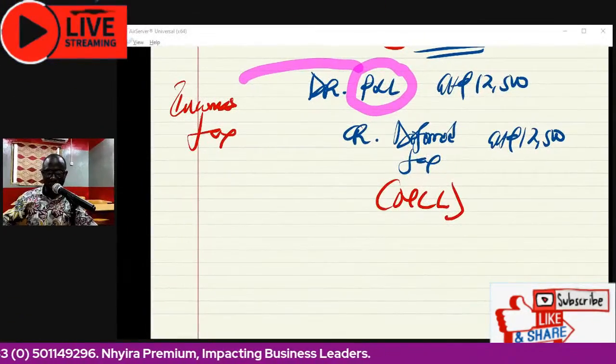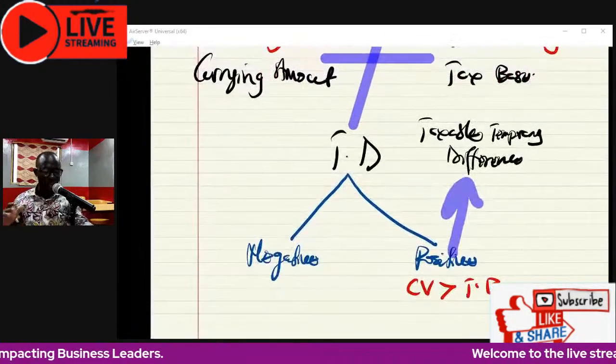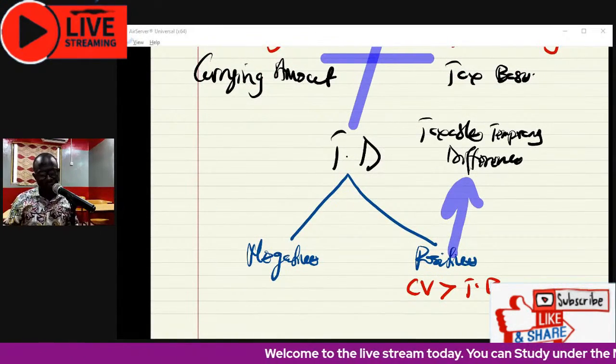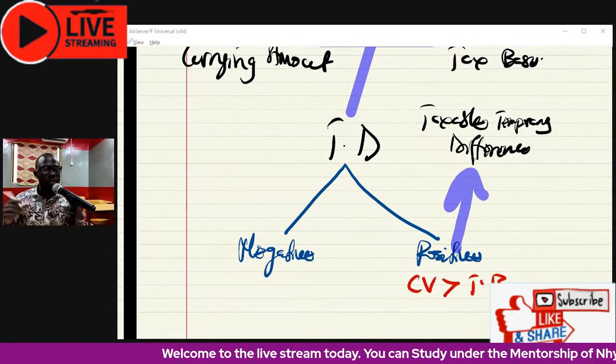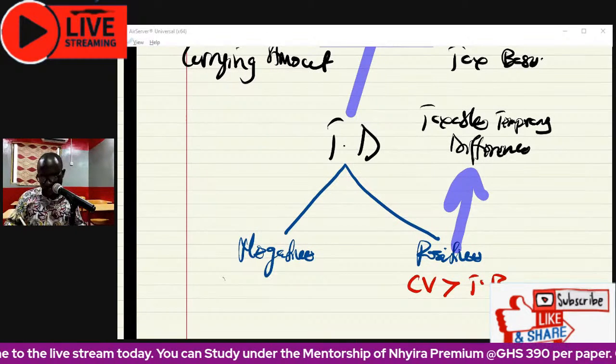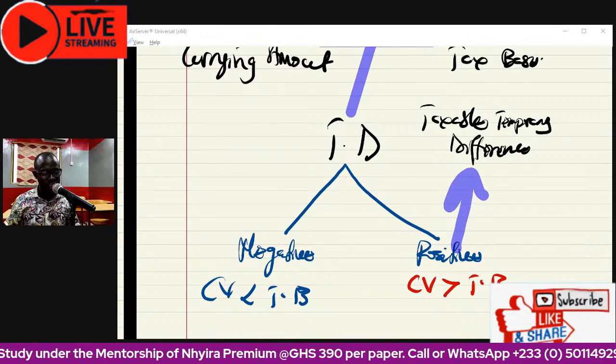Any questions? So the opposite is true. The opposite is that when the temporary difference is negative, it means that our carrying value is less than the tax base of the assets.